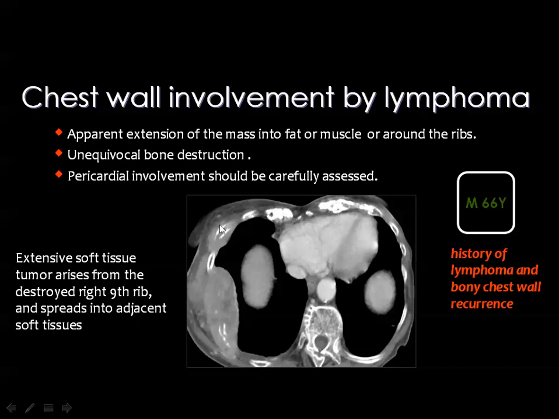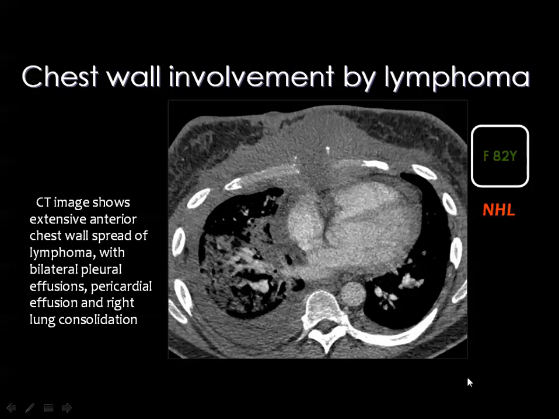Then you see here a soft tissue mass surrounding this part of the rib, and this soft tissue mass is destroying part of the ribs, and the patient is known to have lymphoma, then you should know that these are lymphomatous lesions.